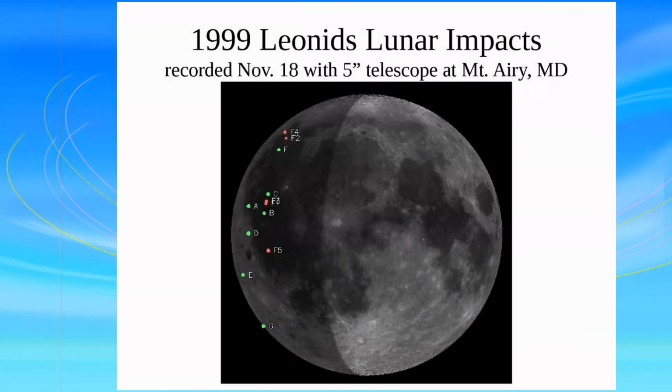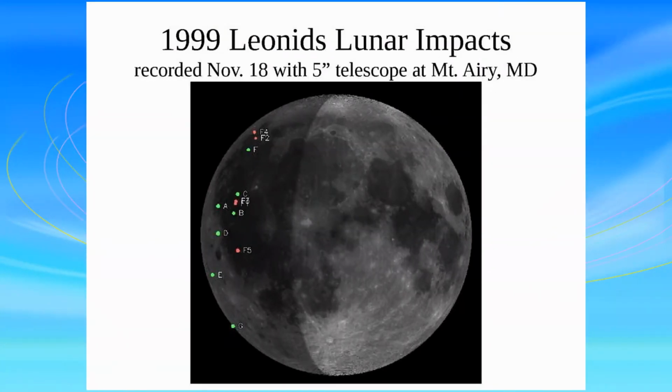It was during the 1999 Leonid meteor shower, where I recorded with a 5-inch telescope. I was observing about 40 miles northwest of here, in Mount Airy, and successfully recorded about 12 events.